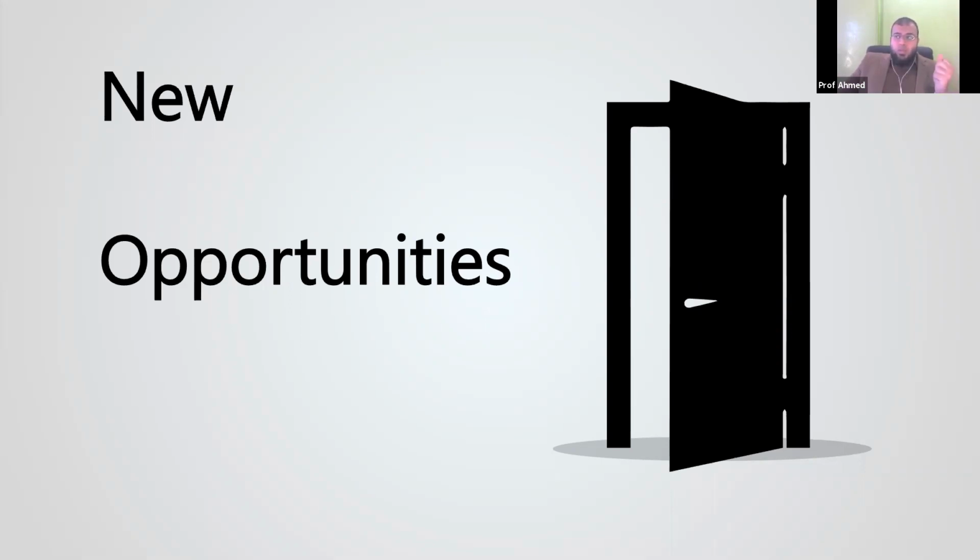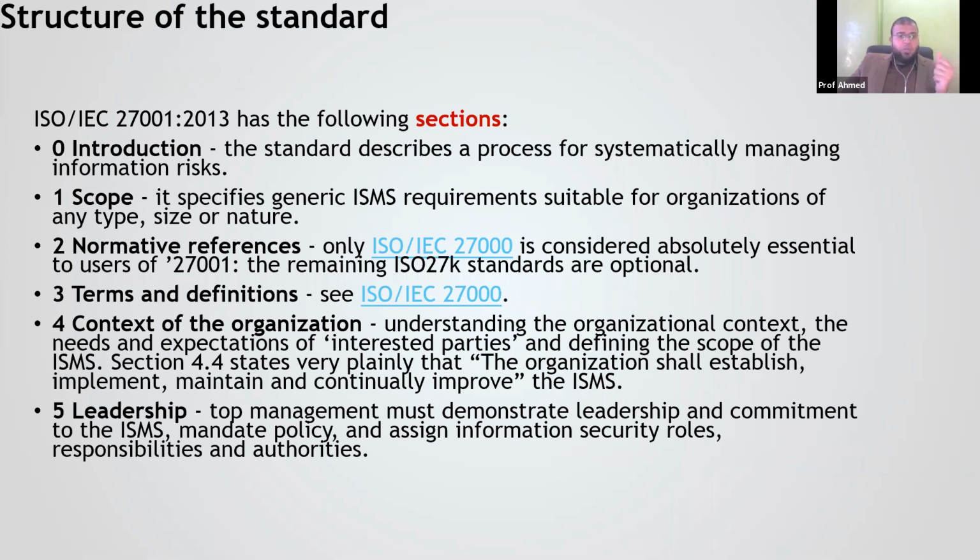So what do we need to implement here? ISO 27001 contains the introduction, the scope, normative references, and terms and conditions, from clause 0 to 3. All of this is speaking about the introduction, the scope, and so on. Nothing is required until now.